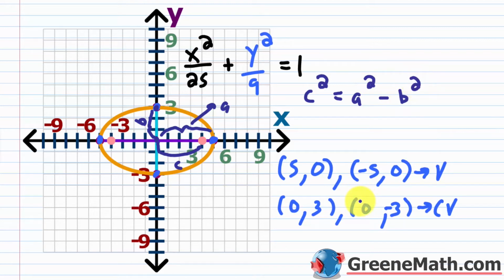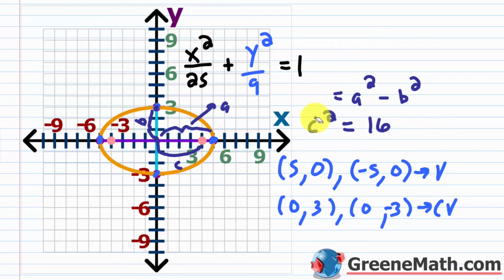So I can call A 5, because the distance from here to here, or from here to here, is 5 units. So A squared I know is 25, and B is 3 units, so B squared is 9. So 25 minus 9 is 16, so C squared is equal to 16. If I take the principal square root, because I'm thinking about a distance, it's going to be 4.